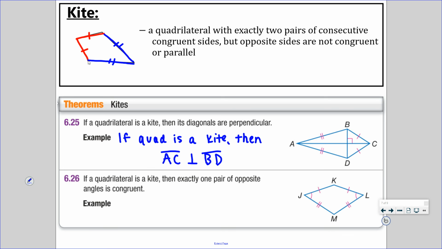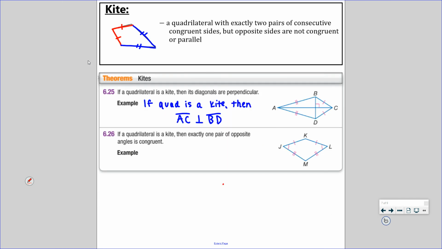Ooh, this one's cool. If it's a kite, there's exactly 1 pair of opposite angles that are congruent. All right? So how we know which angles are congruent is they have to be formed by 2 different lengths of sides, is a good way to put it.